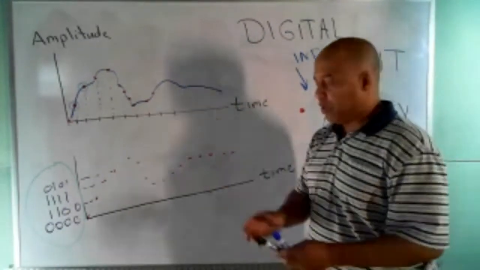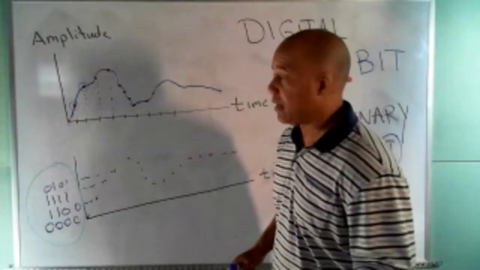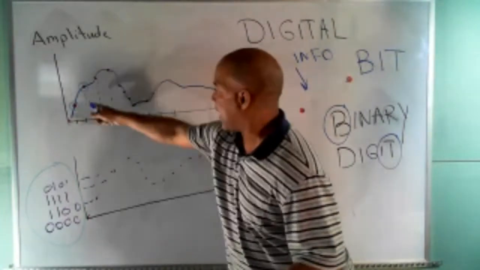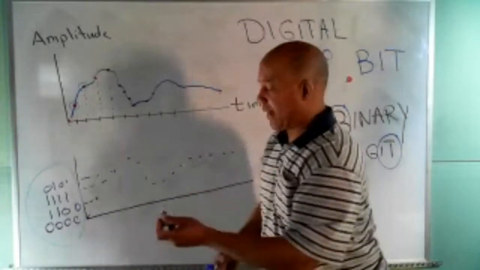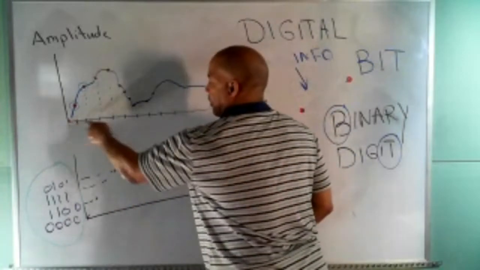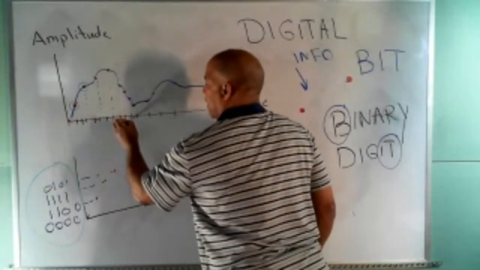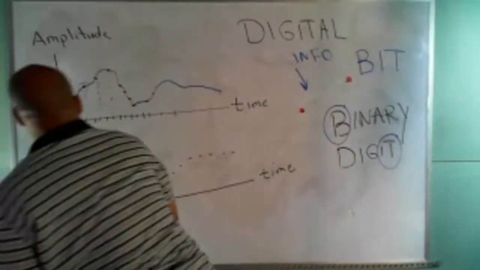Let's say it is bad, but you want to get a better approximation of this. What would you do? Now, this is called sampling. I've sampled it here and got that dot. I sampled it here and got this dot. I can increase the sampling rate. Instead of looking at it during these intervals, I look at it in shorter intervals so that I have more dots.